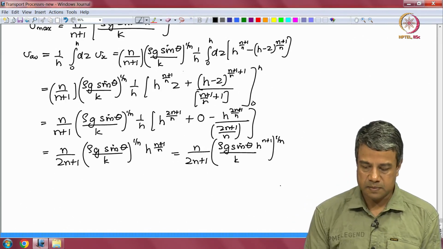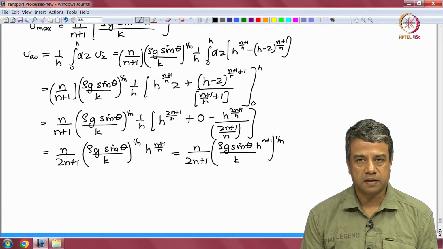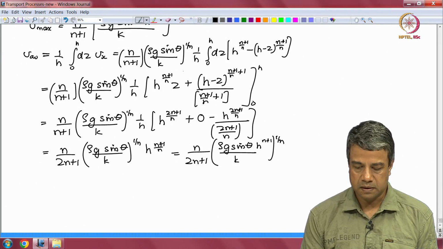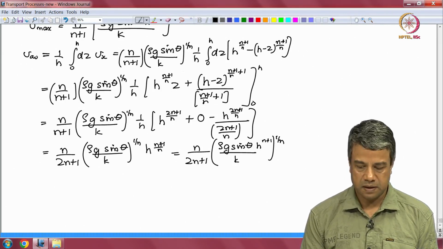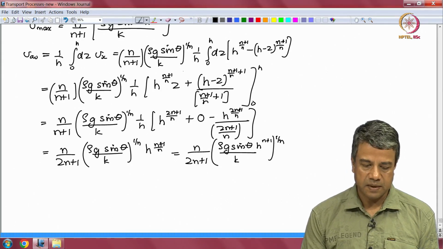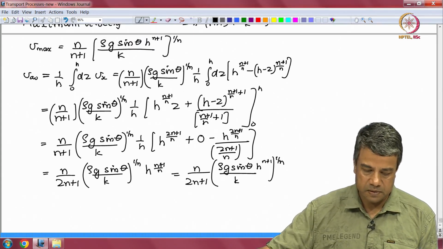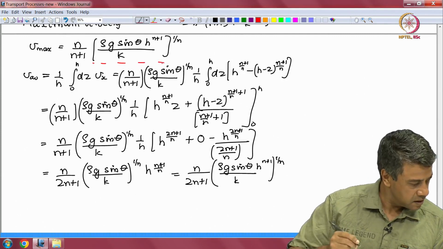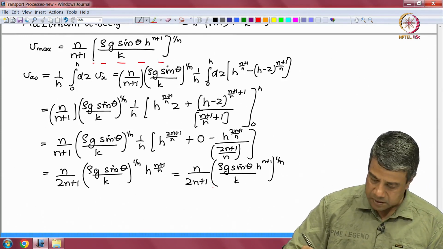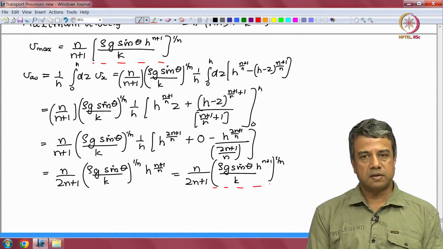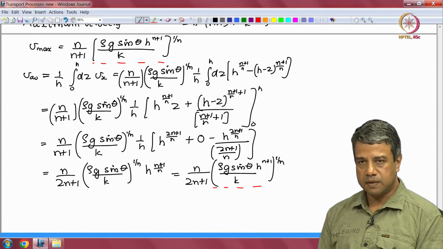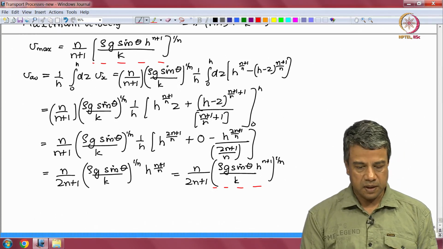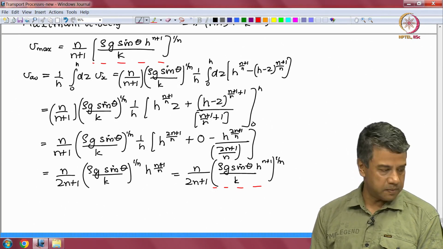This is just some simple algebra which finally gives you the result for the average velocity. You can see that the maximum velocity is n by (n plus 1) times this factor, and the average velocity is n by (2n plus 1) times the same factor. So, the ratio of maximum and average is going to be equal to (2n plus 1) by (n plus 1).